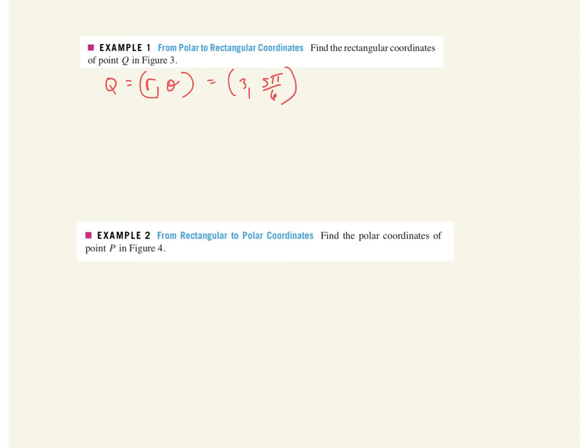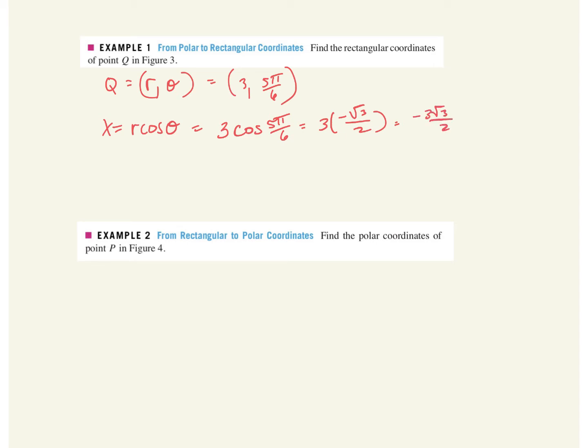So we know that x equals r cos theta, so therefore we could say 3 cos 5 pi over 6 is also equal to x, and that would come out to be 3 times negative root 3 over 2, or negative 3 root 3 over 2.